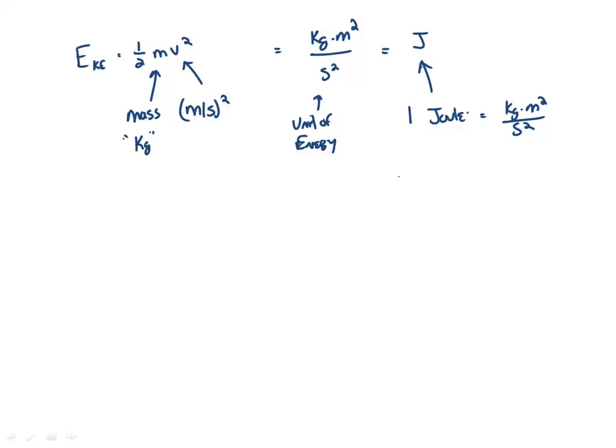The other standard unit that you'll sometimes see is called a calorie. And 1 calorie is equal to 4.184 joules. Calories tend to be used in nutrition. So be aware that calories exist, but in general, we're simply going to use joules for our unit of energy.